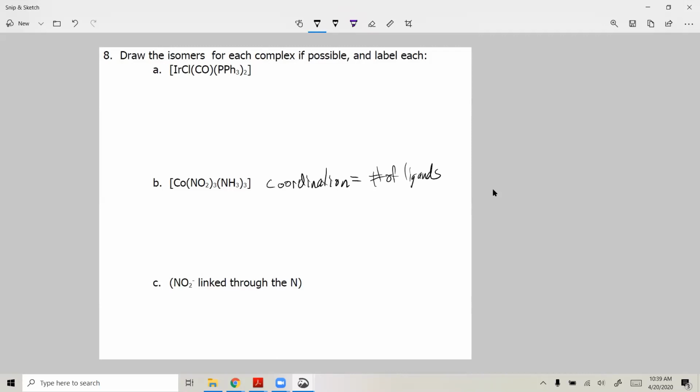We do want to adjust for if any of them can bind more than once. There's a couple of ligands that bind more than once, and we do have a chart for those on 23.3. So for these ligands, how many times do each of them bond? Like for our nitro, how many bonds can it make?